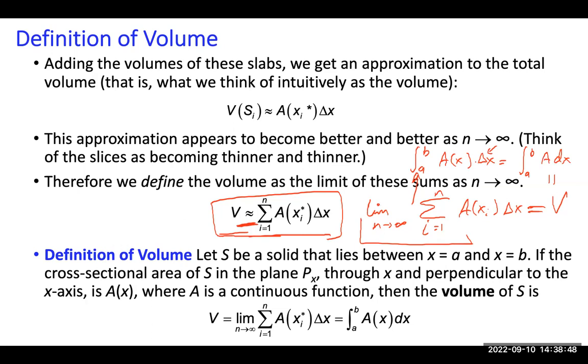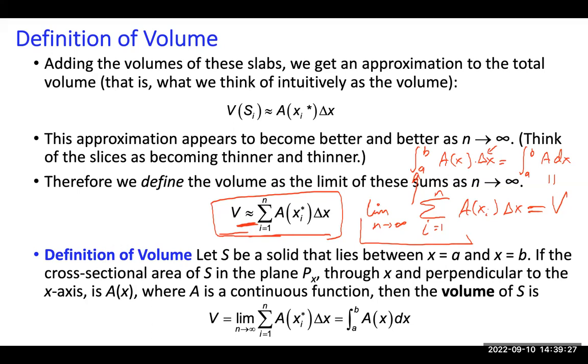In order to use calculus to find the volumes of shapes that are irregular or that we don't have a formula for, we're going to say if S is a solid that's bounded from x equals a to x equals b, if the cross-sectional area of S on a plane P of x that's perpendicular to the x-axis is A of x, and the area is continuous, then the volume is really nothing more than the limit as n goes to infinity of the Riemann sum of the area times the height, which is delta x.